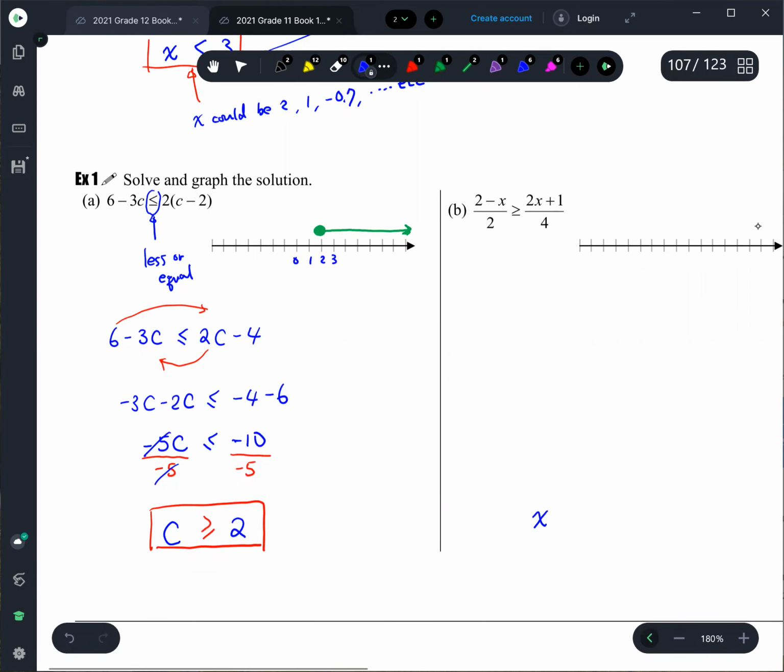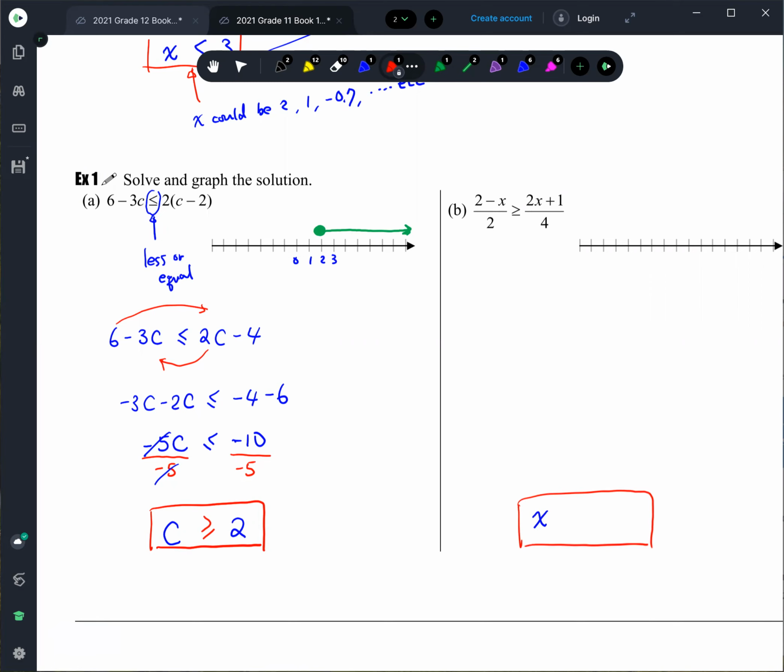You can raise your hand once you've isolated the x. And if you need to flip, then you do the flipping. Sometimes you need to flip, sometimes you don't, depending on whether you divide by negative or not.